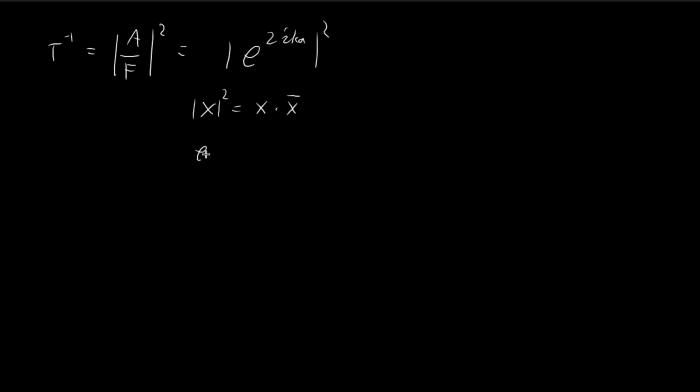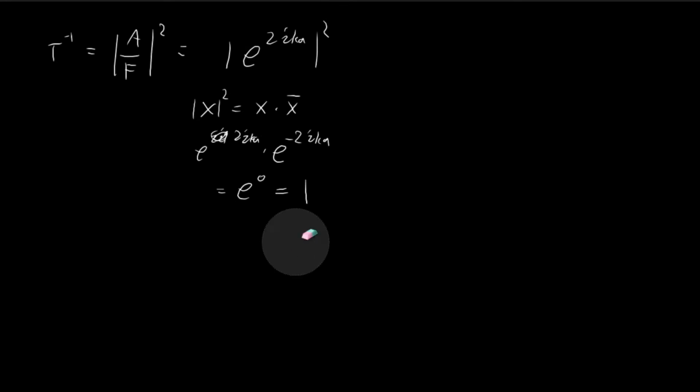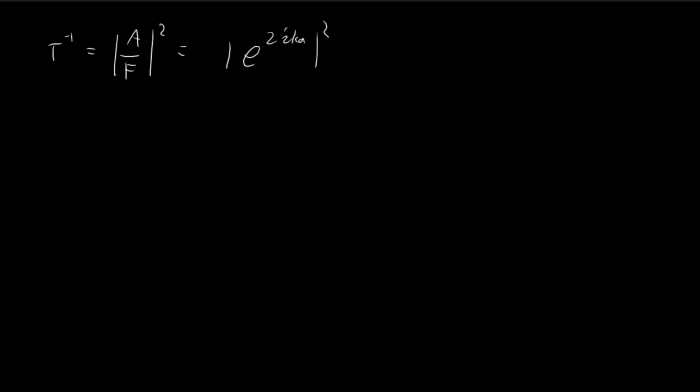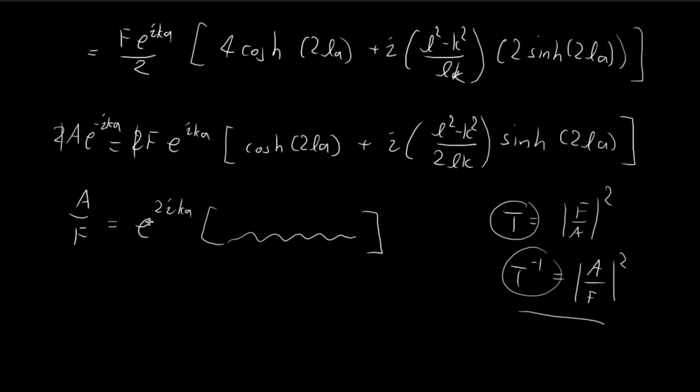And then if you have this e term, and you multiply it by its conjugate, this is just equal to e to the power of negative 2ika. So these two terms just cancel out. It just gives you e to the power of 0, which is just equal to 1. So if you take the absolute value squared, this e term is just equal to 1.